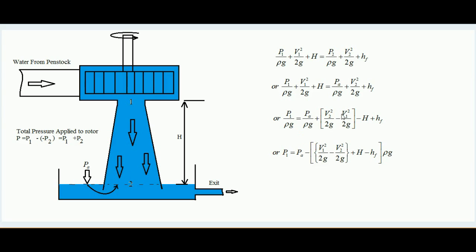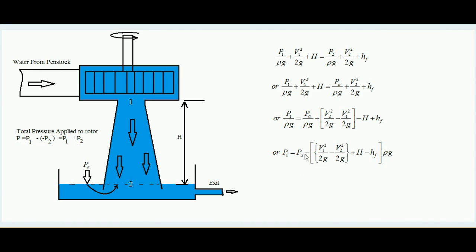So the entities responsible for decreasing P1 are actually V2 and HF. Means in case V2 becomes 0 and HF doesn't exist, we will get the least P1, because V1 is the exit velocity of water, which is constant, and H is the height of the draft tube, which is also constant, and Pa is also constant.